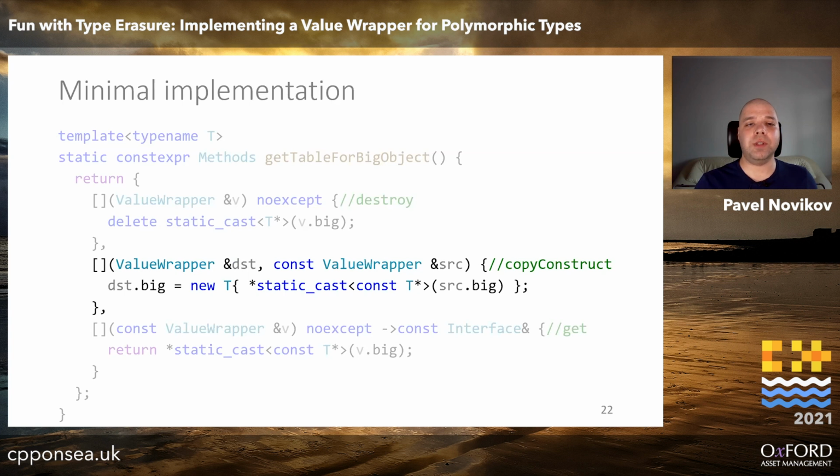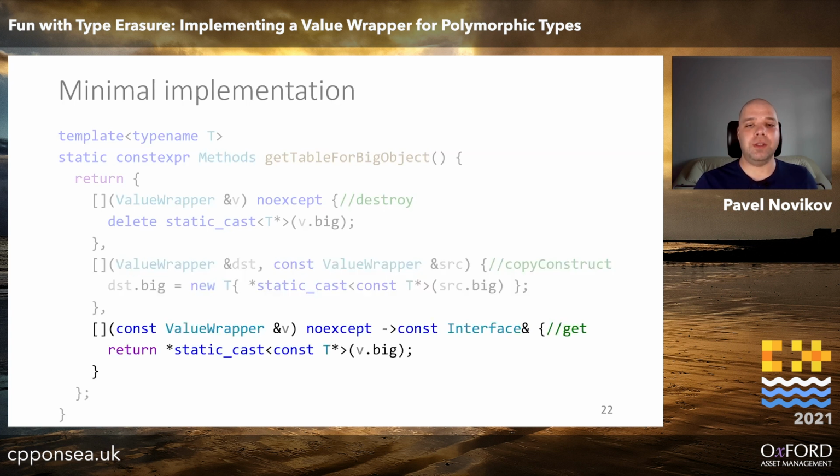For copy construct, we static cast the source argument to the actual type and just new a new instance and assign our big pointer the address of this new instance. And for the get function, we just static cast our pointer to the big object to the actual type and return it.